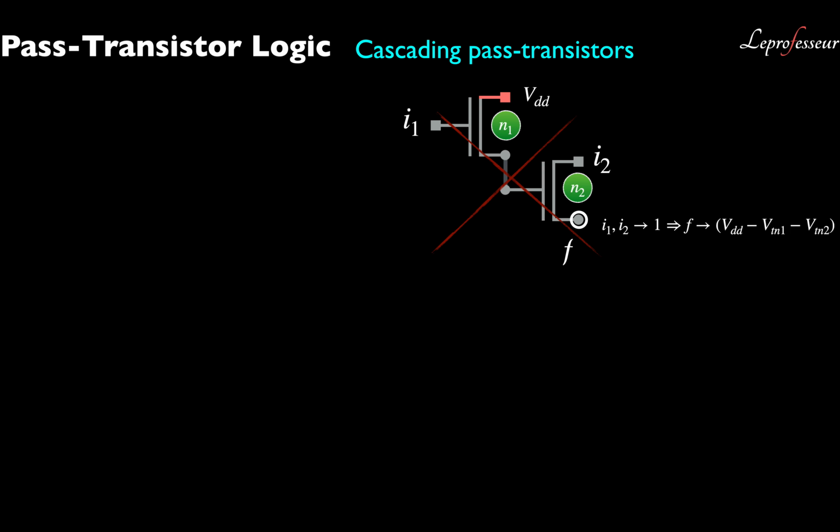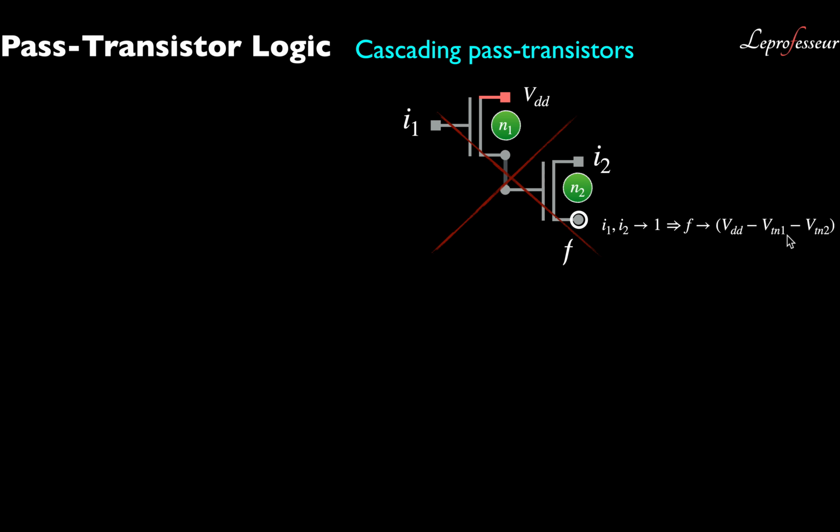In this example circuit, we expect F to reach VDD when I1 is 1. Well, what will happen is the value at the output F will not be VDD, but VDD minus the threshold voltage of transistor I1 and the threshold voltage of transistor I2 and some bias voltages and extra.